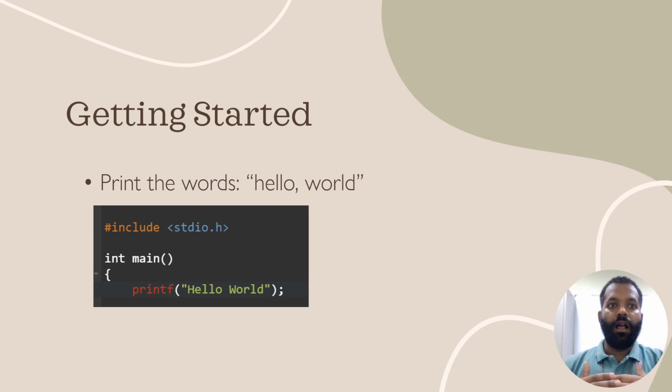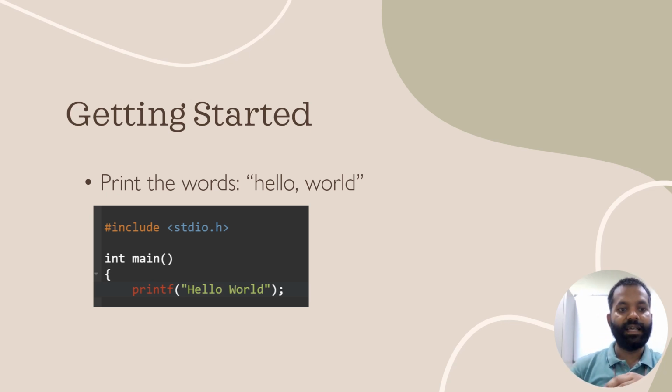Suppose printf hello world: the system will understand that whatever is written inside the printf has to be displayed to the user. So whatever is inside the printf is directly displayed on the system.